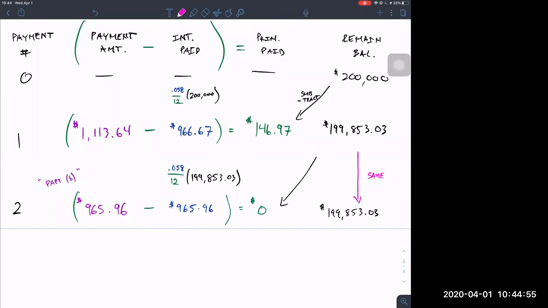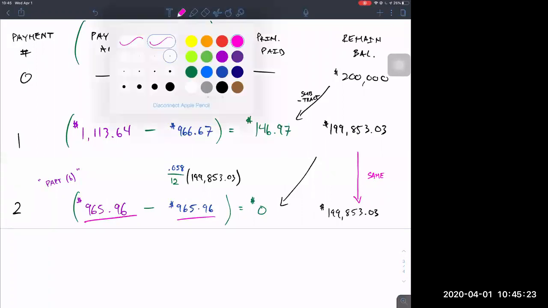But then this sucks. Why? The reason is that when you paid $965.96, it was only to eliminate this balance, and you didn't make a dent in your remaining balance. You paid an amount that was helpful right now, but not in the long run, in terms of lowering the interest amount.